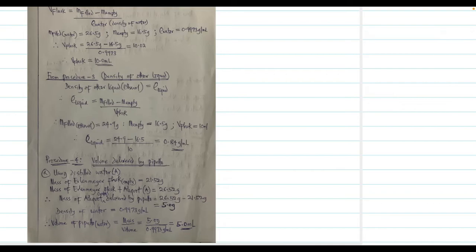This place is meant to be density of water, pardon me, there's a mistake. From density equals mass over volume, volume will now be mass over density, which is 5.0 divided by 0.9973. So we got 5.0 ml. So the volume of water delivered by the pipette is 5.0 ml.